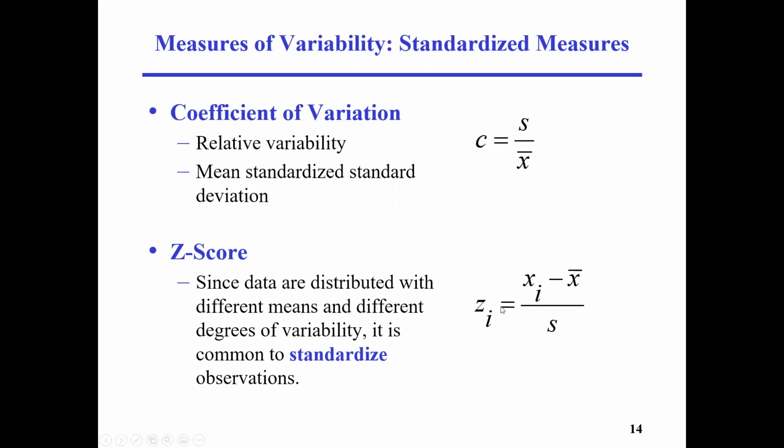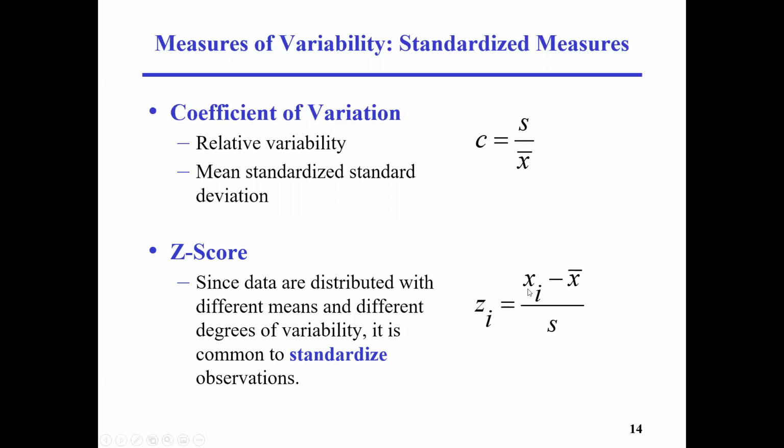Here, a Z-score for a specific observation i is a ratio between a numerator and a denominator. The denominator is this data set's standard deviation. Standard deviation here is used to standardize the distance between that observation and the mean of observations.